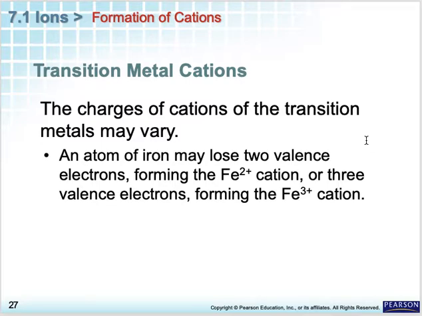For instance, iron has Fe2+ and Fe3+, and we would call that iron 2 and iron 3 with Roman numerals to give us the charge on that ion. It's called the Stock system. You might want to write that in your notes as well, the Stock system.